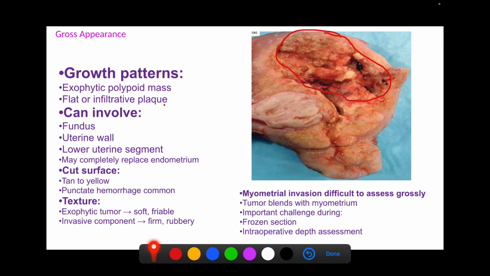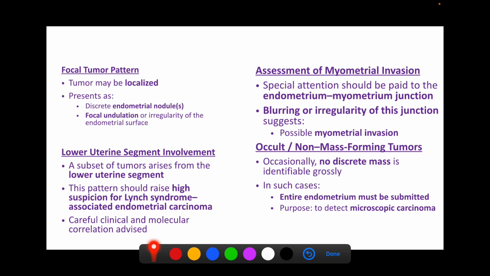Myometrial invasion is difficult to assess grossly, and it challenges frozen section reporting as well as intraoperative depth assessment. Some tumors show either a discrete nodule or nodules or focal undulation or irregularity of the endometrial surface.